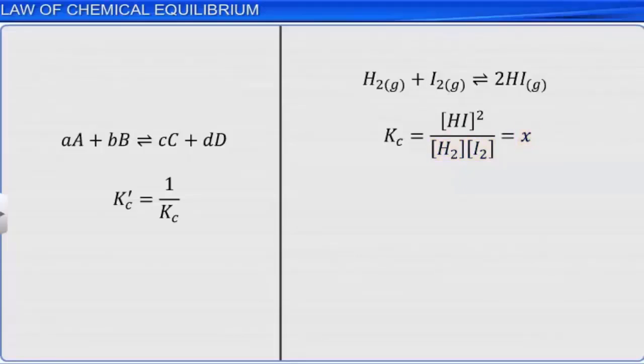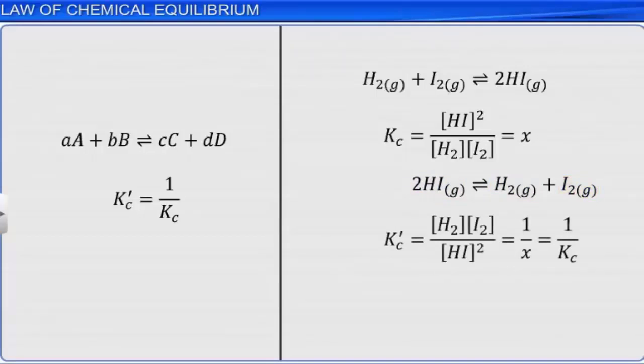Now, the equilibrium constant for the reverse reaction, hydrogen iodide disintegrating to form hydrogen and iodine, is written as K-c equal to the product of the concentrations of hydrogen and iodine divided by the concentration of hydrogen iodide raised to the power of 2.